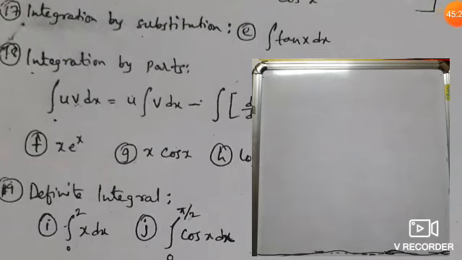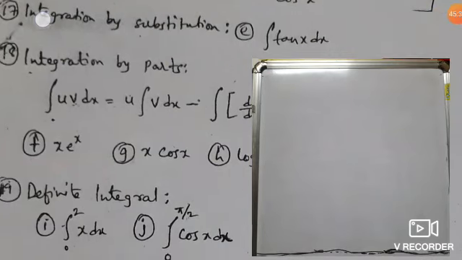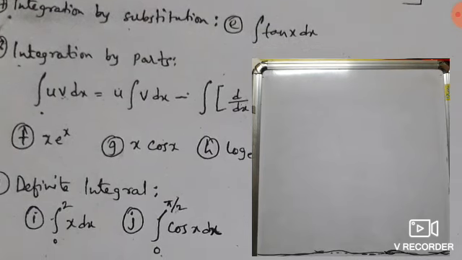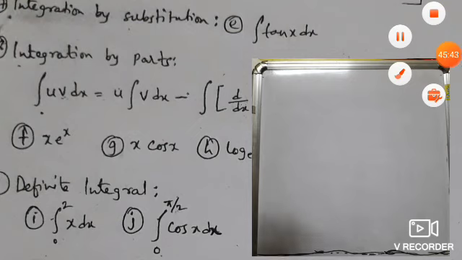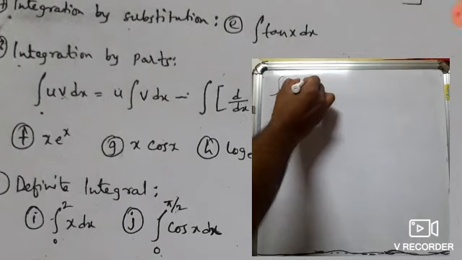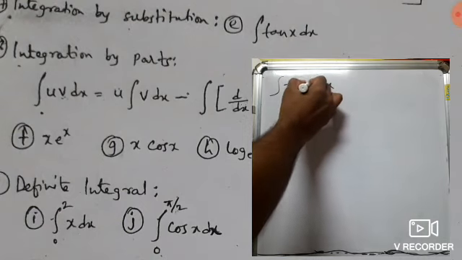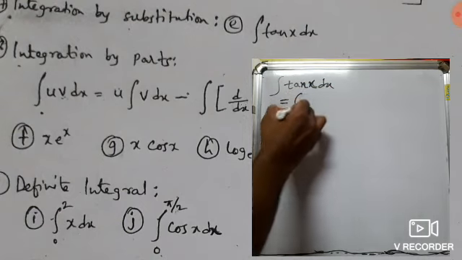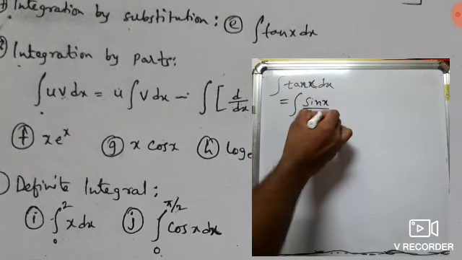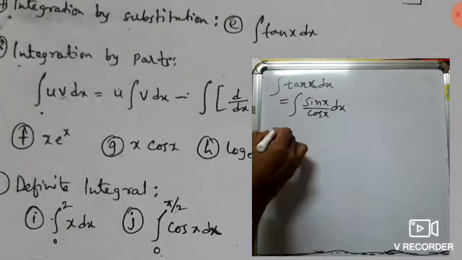Now let us come to problem number 17, integration by substitution. What is substitution? Let me show with the help of this example. Here you can see the integration of tan x dx can be broken into tan x meaning sin x by cos x dx.